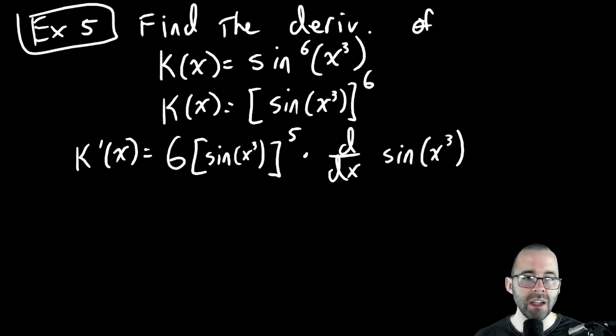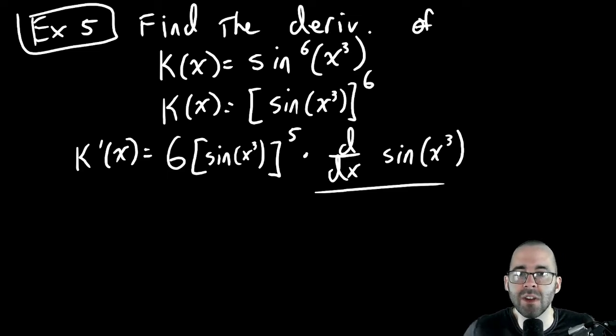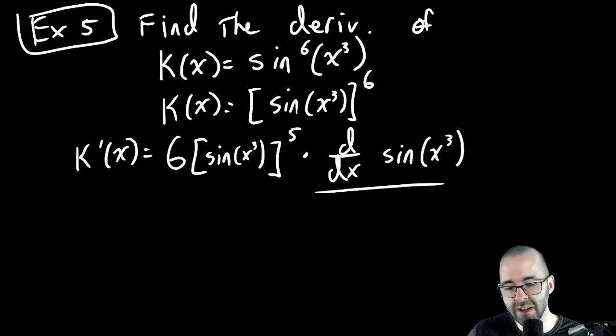Now, the biggest recommendation I can give when you are doing this is when we're multiplying by the derivative of the inside function, I would write that down. If it's really messy, let's do it in an extra step. Don't try to do this in your head. All right, and then we can kind of simplify the first thing while working with the second thing.